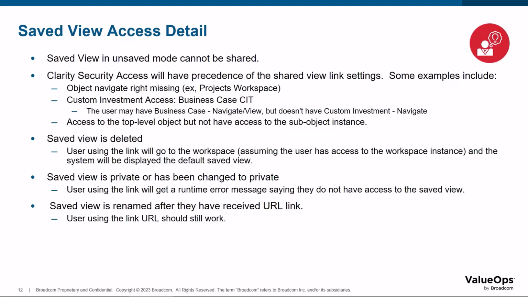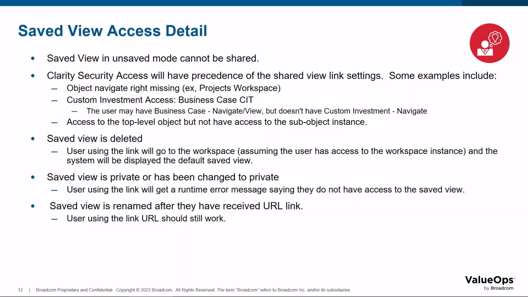Saved view is deleted in certain situations. The user using the link will go to the workspace, assuming that the user has access to the workspace instance, and the system will then display the default saved view. So from an end user perspective, they'll just land in the default saved view rather than the view for which the link was generated, because now that view itself has been deleted.